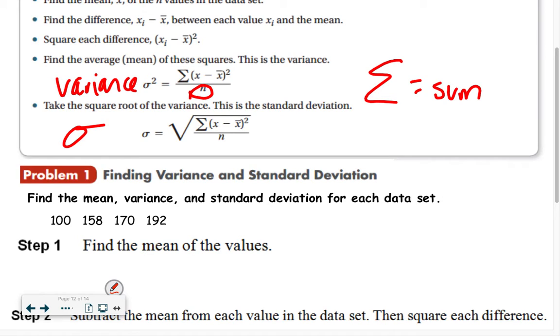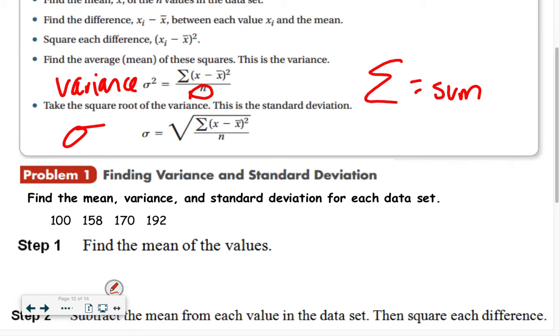Follow the steps we're going to do. The difference between variance and standard deviation is just the square root of our variance. So when we do these steps to find standard deviation, we always find variance first and then square root the variance to get standard deviation. So it's not like you're calculating two different things. One's just one more step.